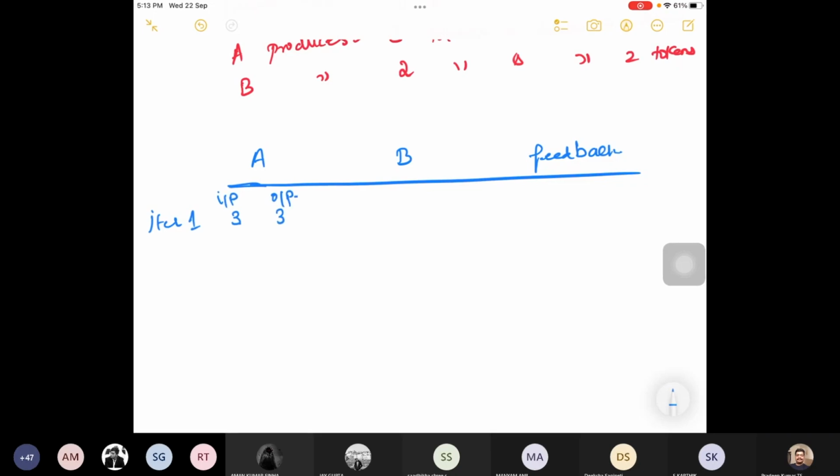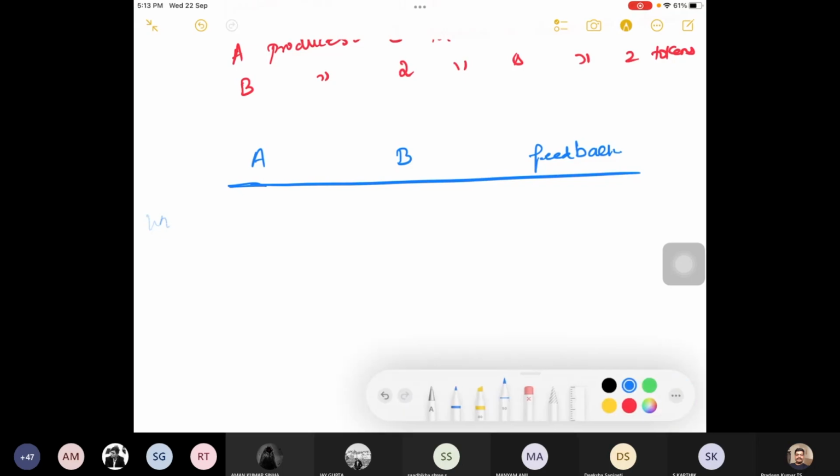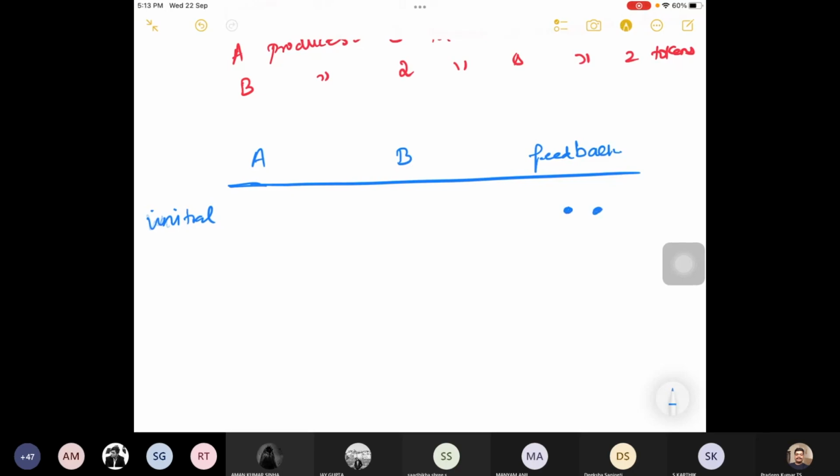In the feedback we have the initial tokens, totally 4 tokens: 1, 2, 3 and 4.